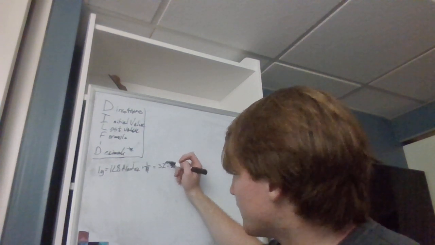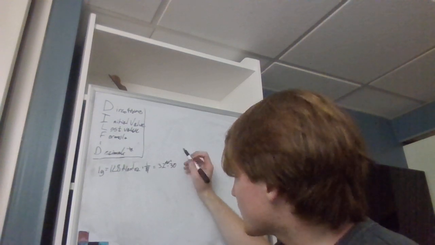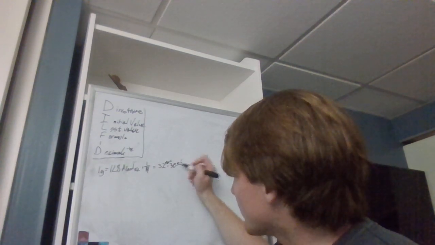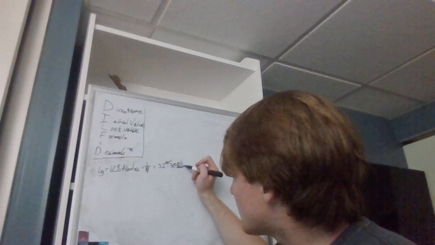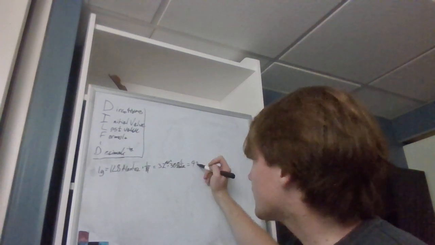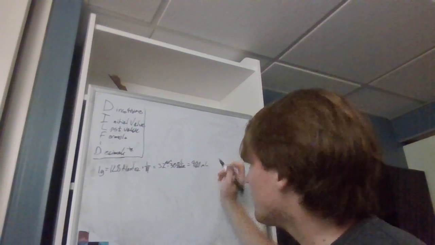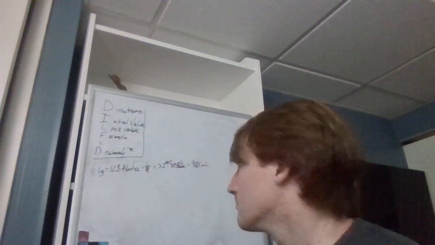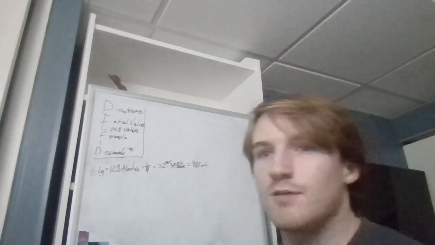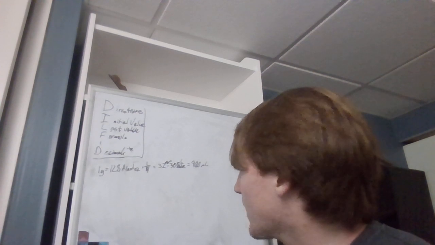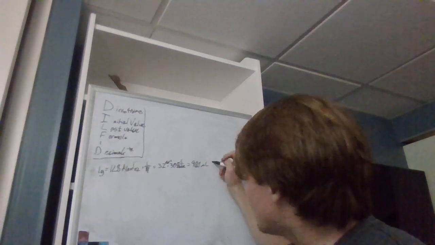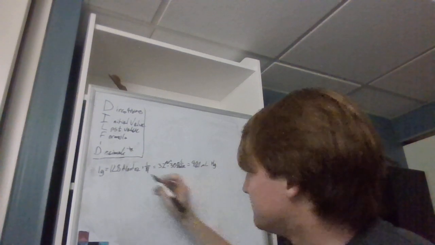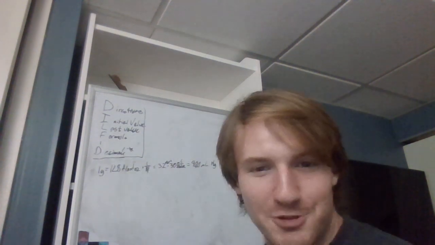So that's 32 fluid ounces times 30 milliliters per fluid ounce, which is equal to 960 ml. I wouldn't know how many fluid ounces are in a quart off the top of my head. So we have 960 ml of mercury. Talk about a horror story.